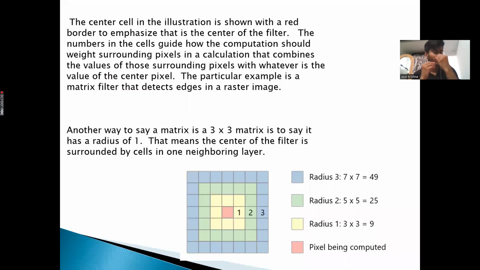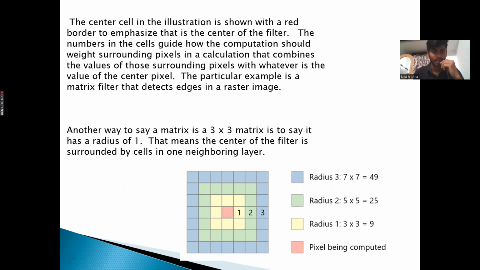The next slide is a continuation of how filter matrices work. The center cell in the illustration is shown with a red border to emphasize it is the center of the filter.